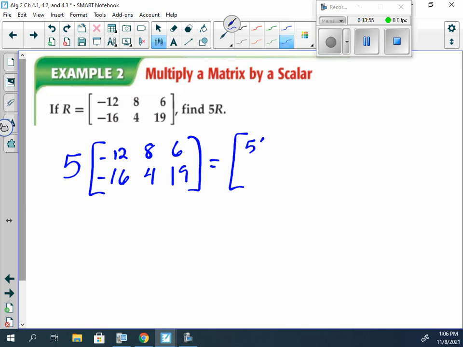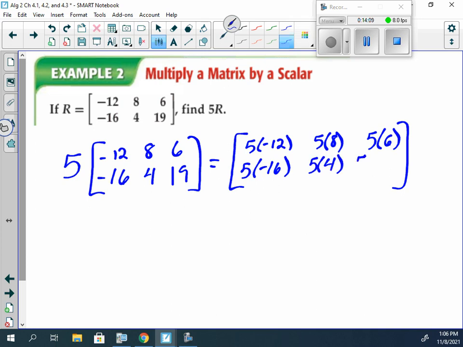So we have 5 times -12, 5 times 8, 5 times 6. Then we'd have 5 times -16, 5 times 4, 5 times 19. We're just multiplying each one of those numbers by 5.